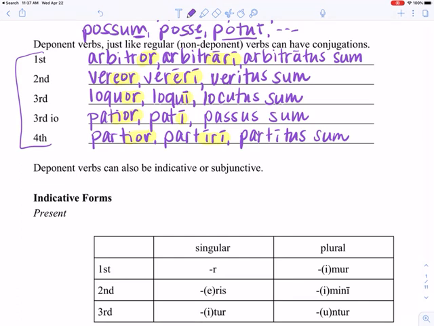Now, deponent verbs can also be indicative or subjunctive. And unlike how I did it with the irregular verbs, where I kept your subjunctive side by side, I decided to put all the subjunctive forms at the end. So we're going to go through indicative forms first, and then we'll get to subjunctive.